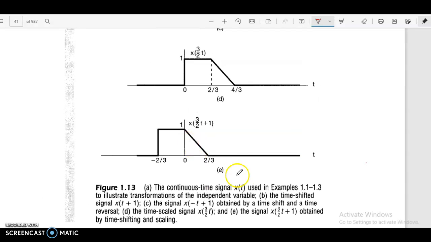The continuous time signal x of t used in examples 1.1 to 1.3 illustrates the transformation of the independent variable.